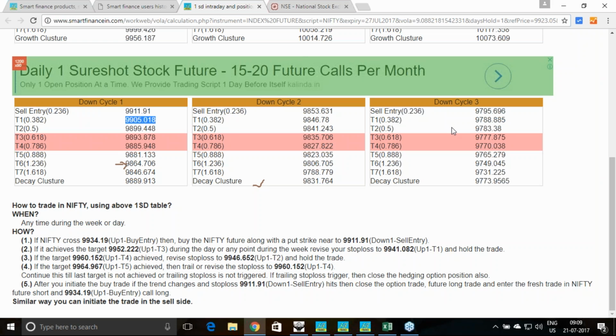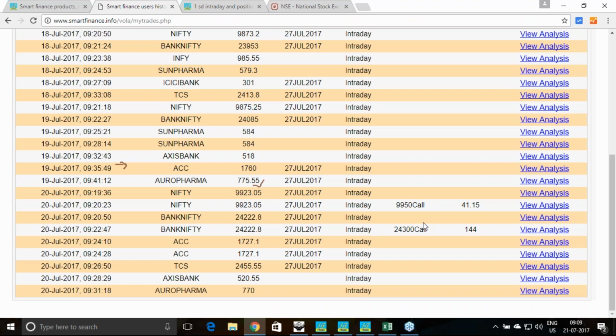So we lacked 1 point, however we got it. Aurobindo Pharma, as Krishna Makwana said, selling also made a low yesterday of 748.8. We got success there.